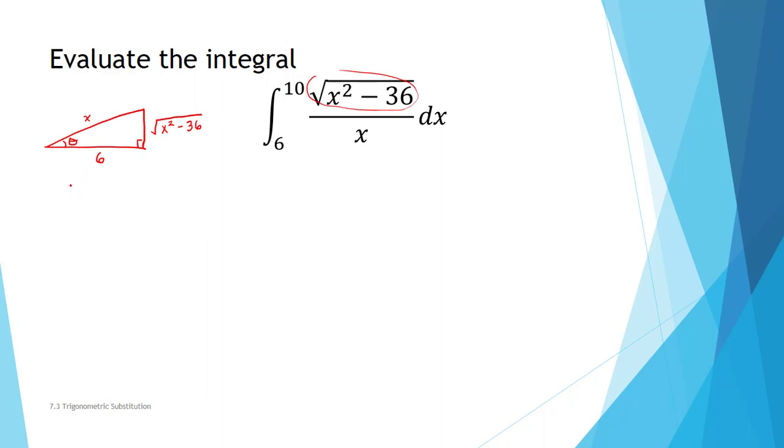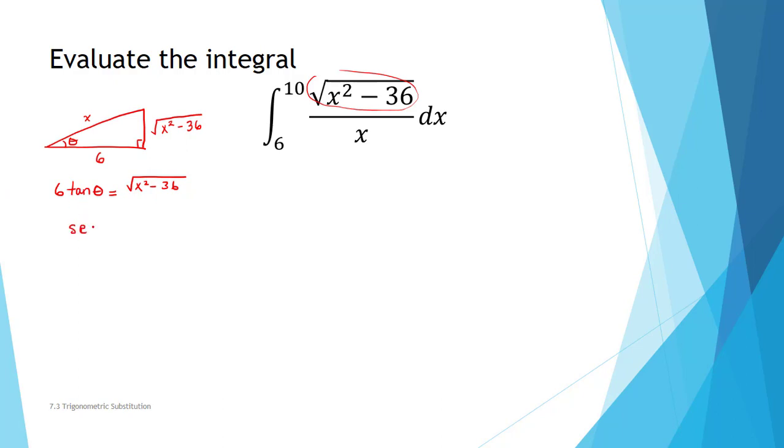Now I can read off from my triangle that tangent of theta is equal to the square root of x squared minus 36 divided by 6, and then I can multiply both sides by 6 to see that 6 tangent theta equals that radical.